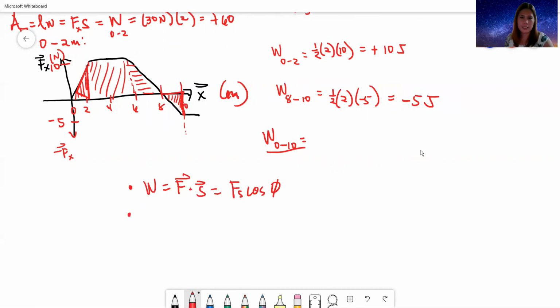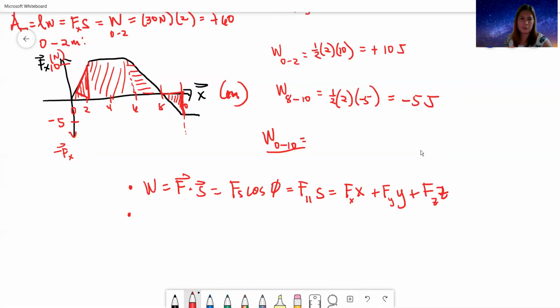We also say that it's equivalent to F parallel times S. Or we have Fx, x position, Fy, y position. Kung mag 3D ka, Fz, z position.